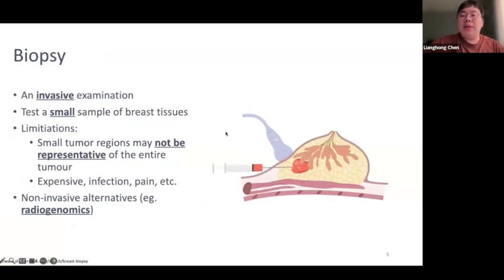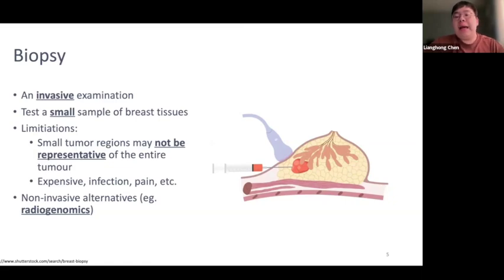The common strategy used to determine the breast cancer subtypes is performing a biopsy on the patients. Biopsy is an invasive examination. The operators will take a small piece of tissue from the patient's breast cancer and test the samples to assess the biomarkers in the breast cancer cells.